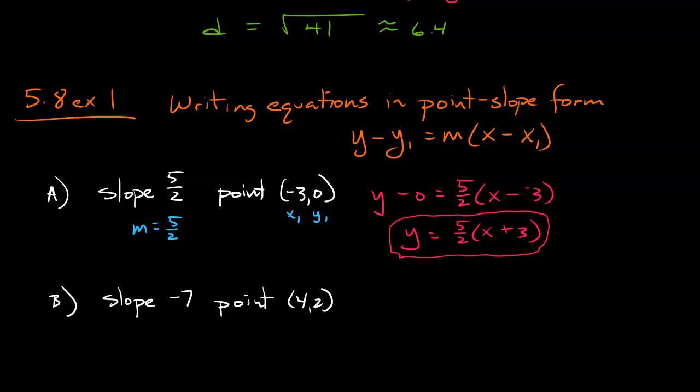Let me label these things if that's going to help you. This slope would be -7, so that's m. The first number is x1, the second number is y1. We don't even need the ones, but the reason they write them is so you know it's numbers from a point.